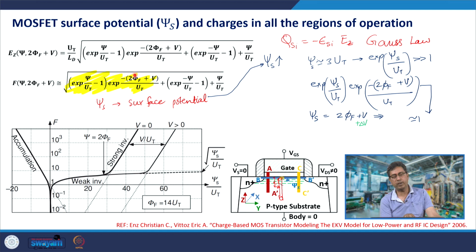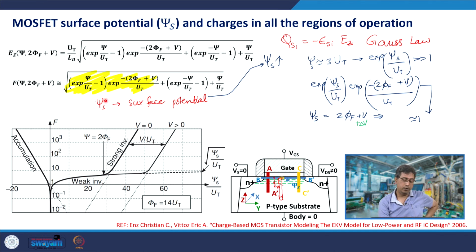You would find that 2 phi f is typically very large compared to the thermal voltage. Therefore, 2 phi f plus v by ut would be very large compared to the thermal voltage, so chi s would also be quite large compared to thermal voltage when this happens. There the first term becomes 1, and when you increase chi s further, the first term would grow exponentially from 1.